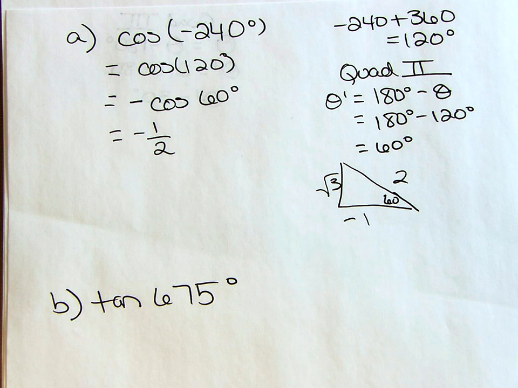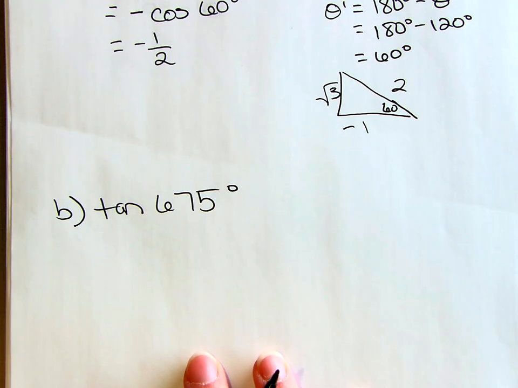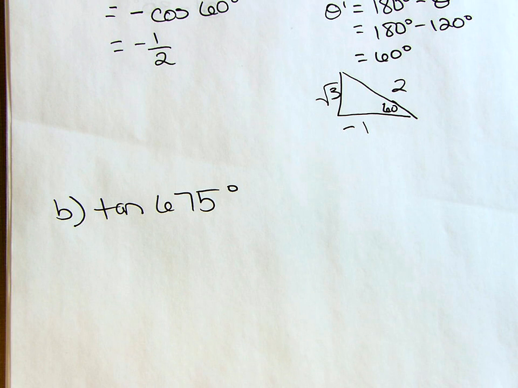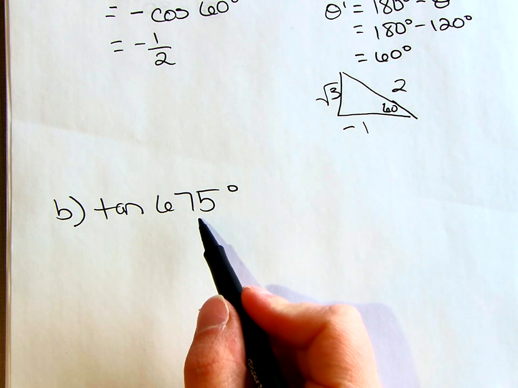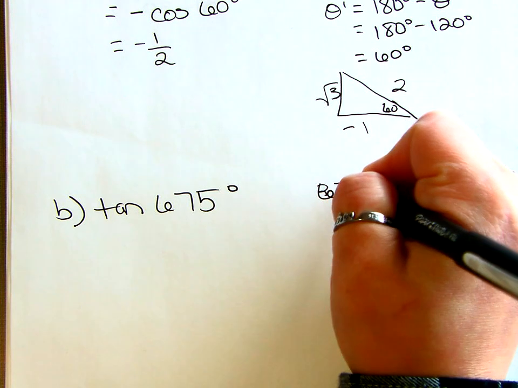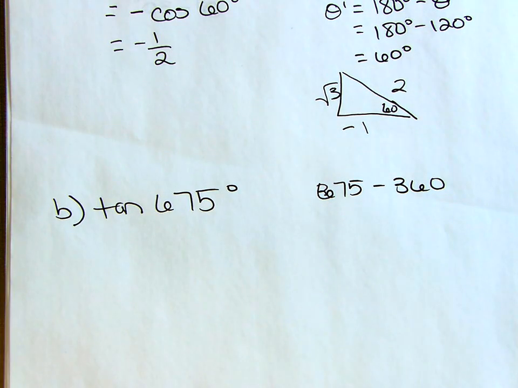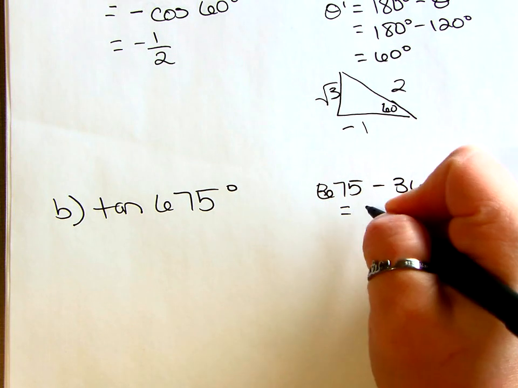All right, let's try tangent of 675. This is greater than 360, excuse me. So I'm going to take 675 and subtract 360 to find a coterminal angle, and it gives me 315.